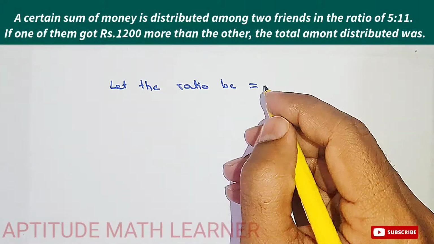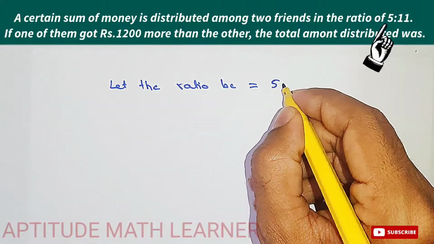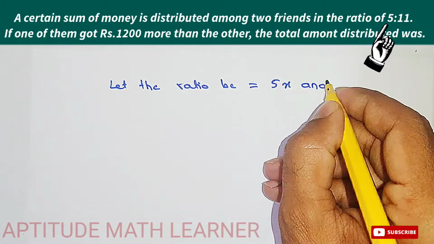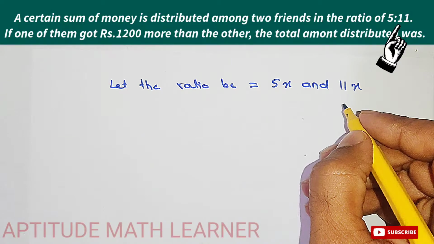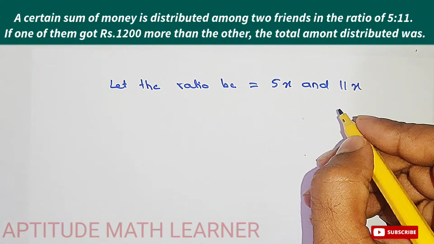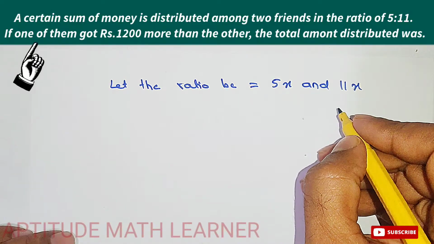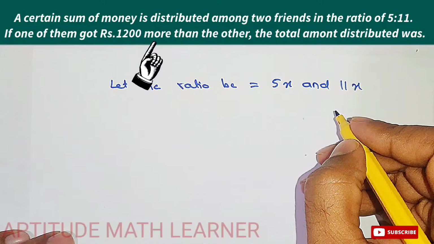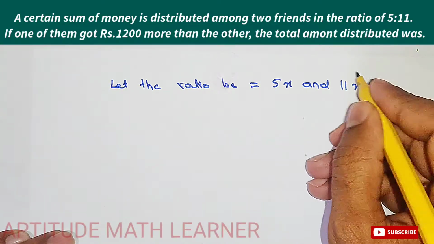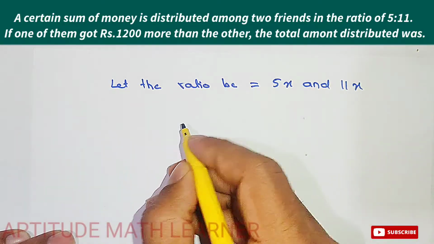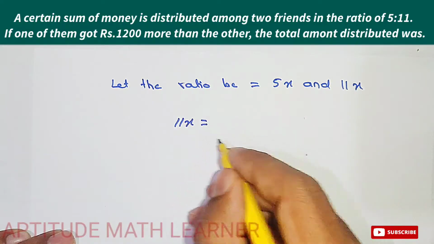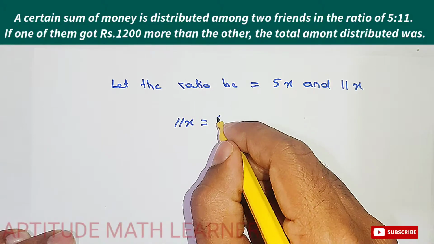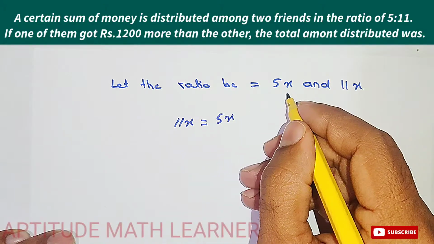5x and 11x. If you look in the question, it says one of them gets rupees 1,200 more. This is the bigger ratio, so this is 11x. The other is 5x, the second person's ratio.